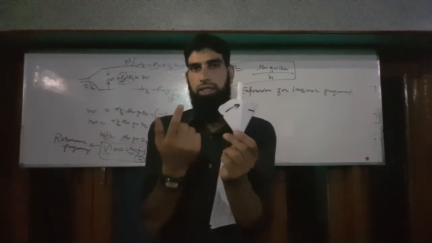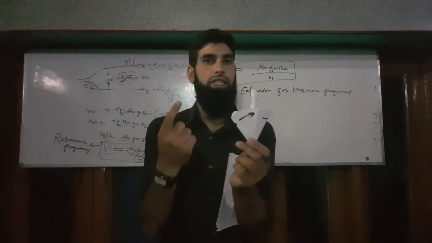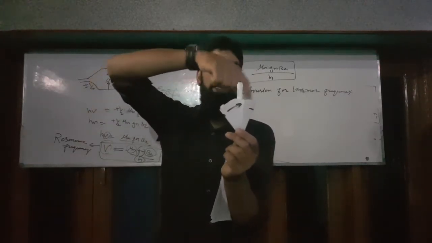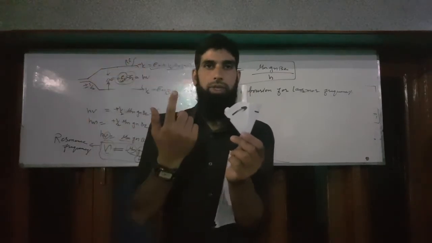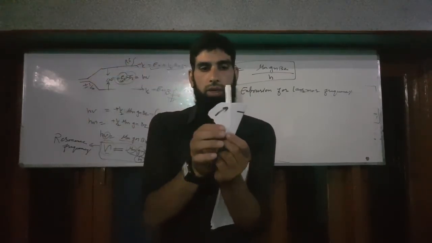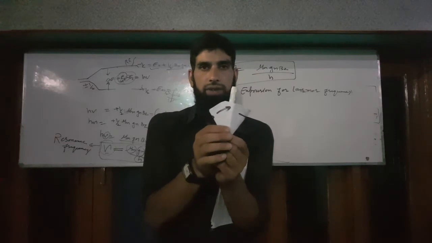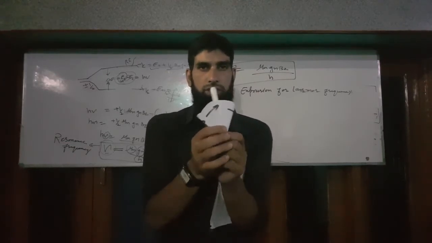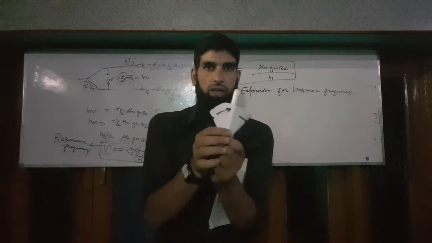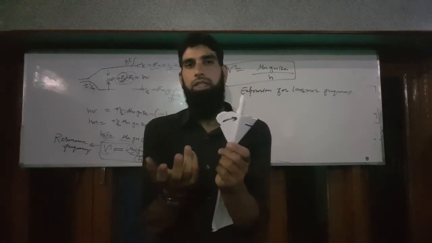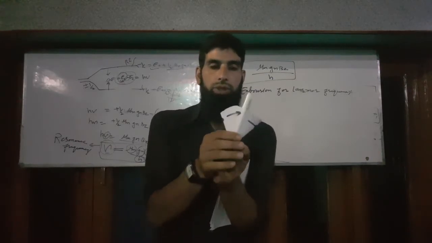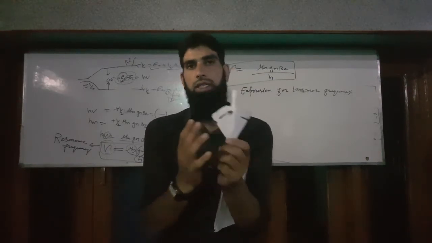This rotation has some frequency, because the number of cycles completed in 1 second is known as the frequency. The rate at which the Larmor precession occurs, or the rate at which the magnetic moment is circulating around the z-axis, is known as the Larmor frequency.